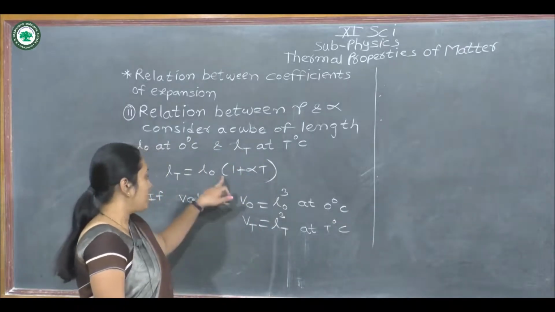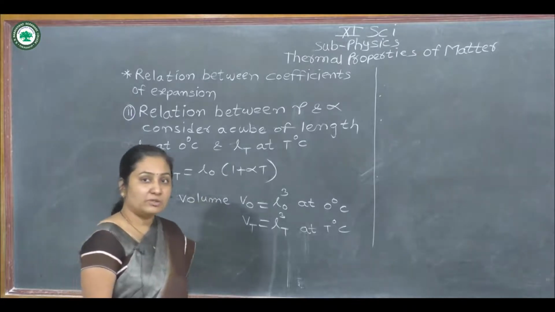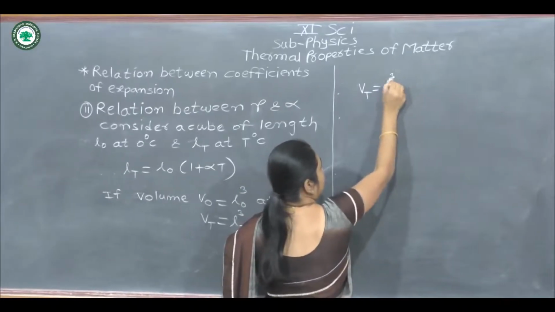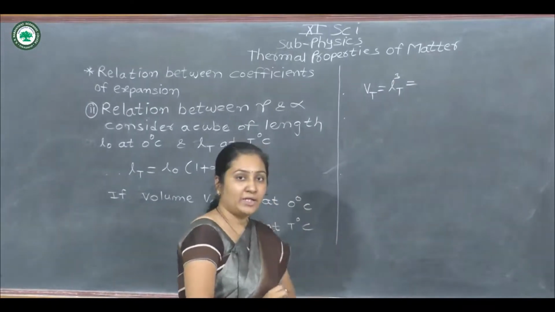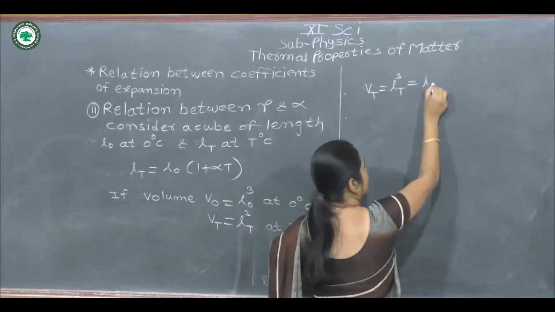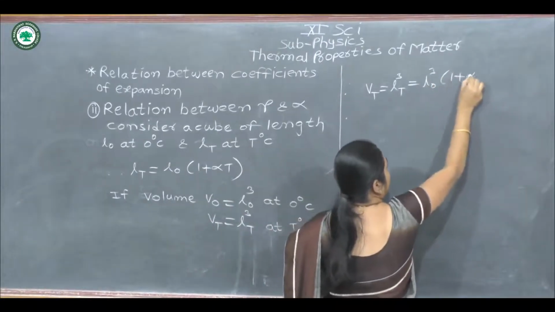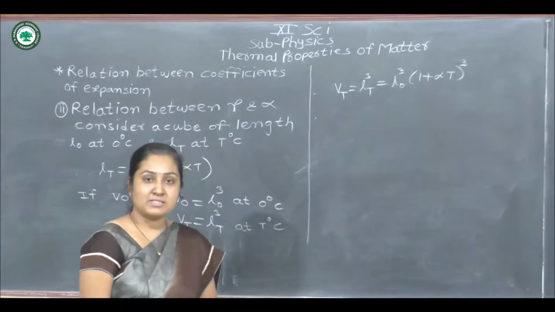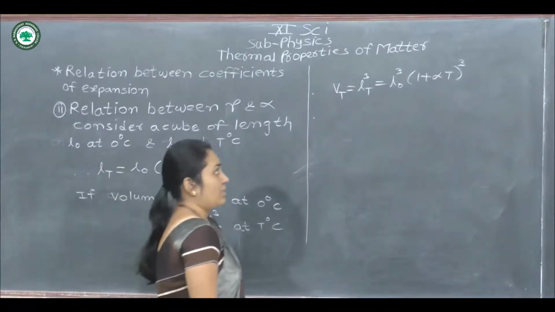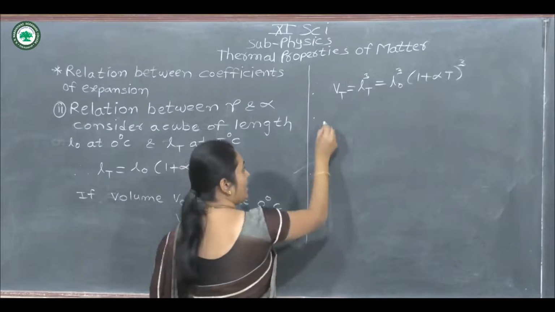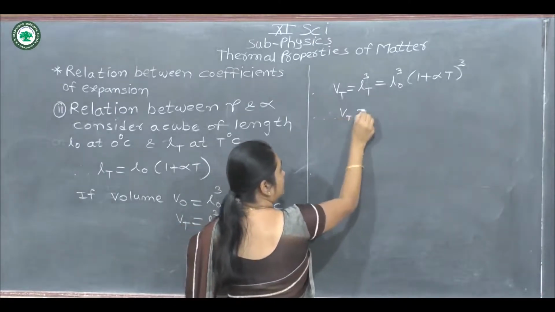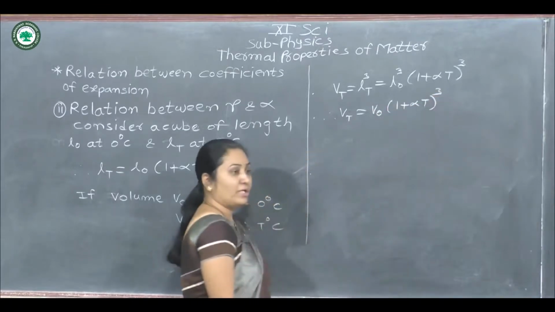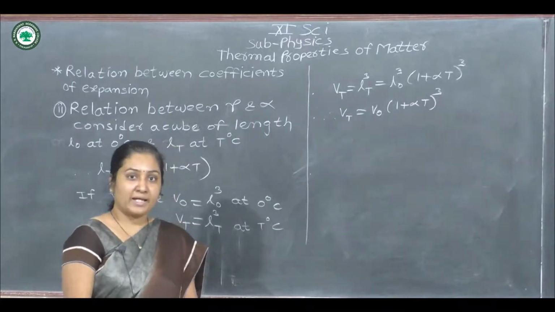Now by using this equation, we can find the value of Vt as Vt equal to LT cube, which is equal to L0 cube in bracket 1 plus alpha T bracket cube. So from this equation we have Vt equal to V0 in bracket 1 plus alpha T bracket cube.